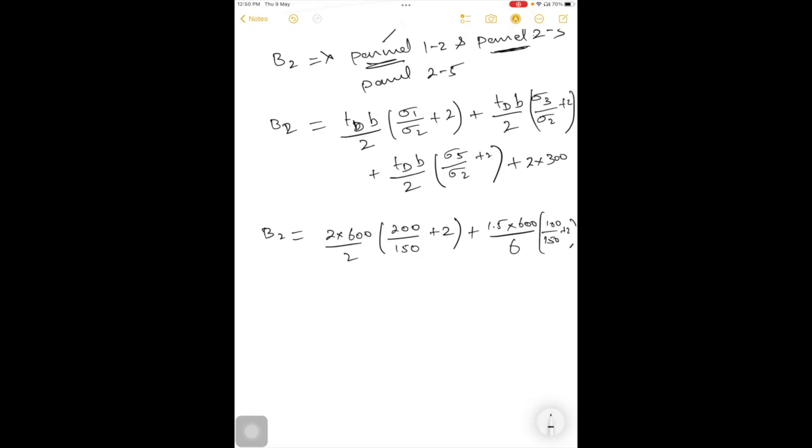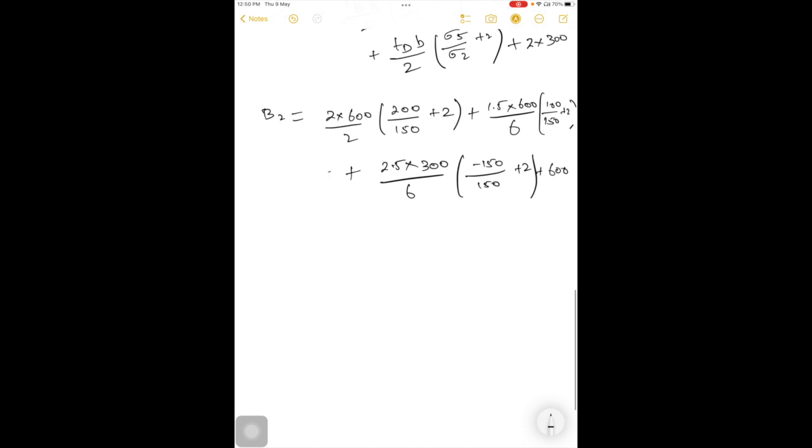Okay, plus for panel 2 5, for the spar 2 5, the thickness will be 2.5 into the width is 300 divided by 6 and sigma 5 will be minus 150, sigma 2 will be 150, plus 2. Okay, plus the area 2 into 300, it will be 600.